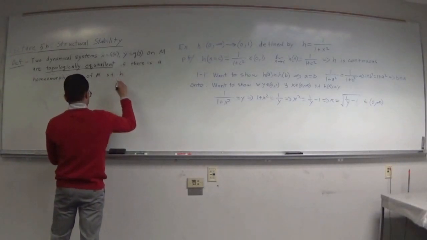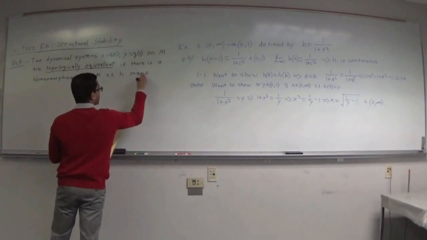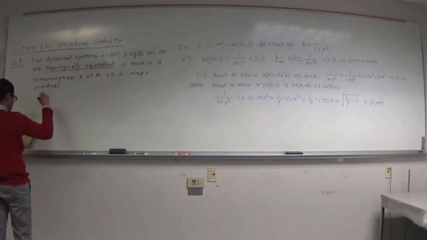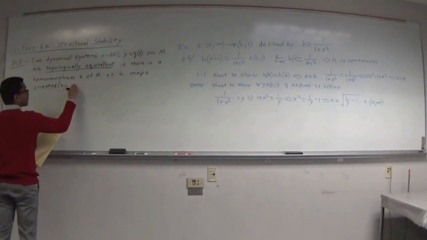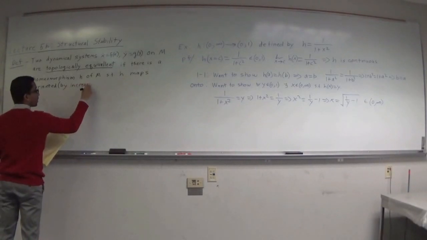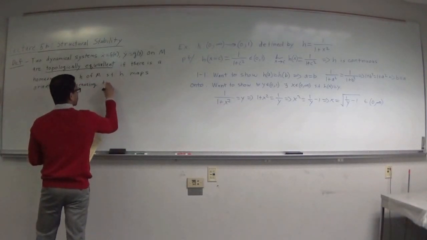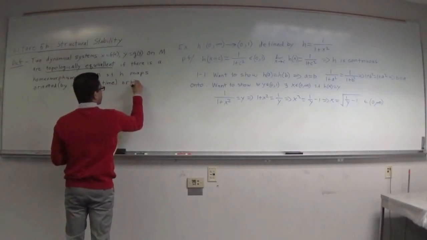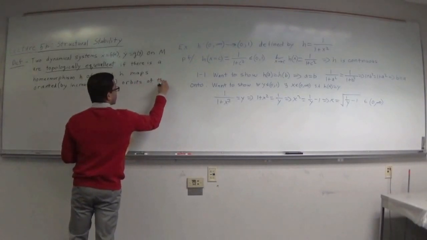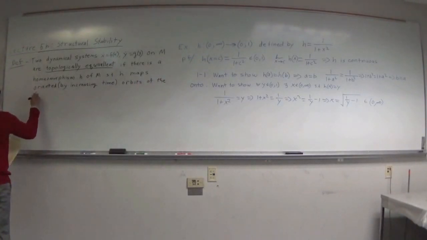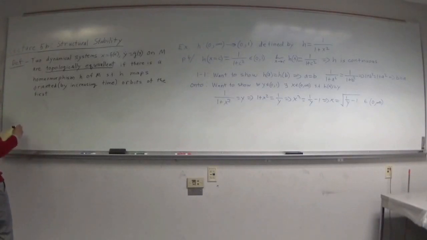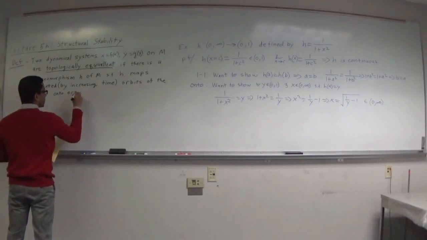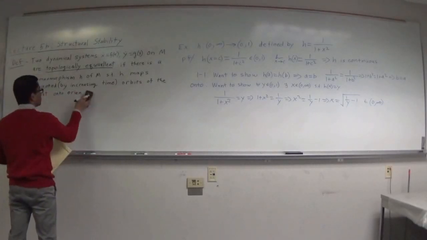H maps oriented orbits, and by oriented I mean that it's by increasing time, of the first system onto oriented orbits of the second.